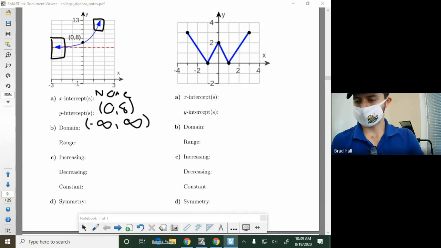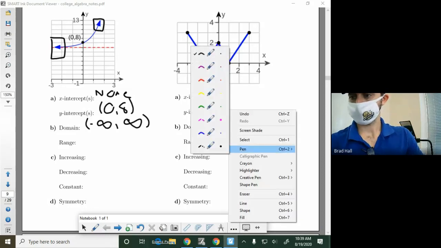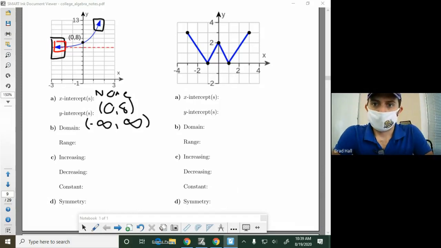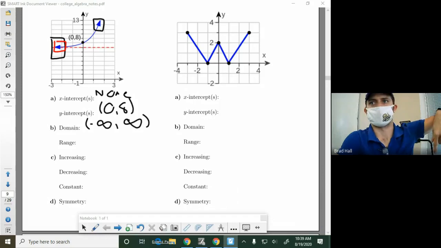So the range, the lowest point I see really from the graph is here, but that does not imply that we go to negative infinity. So the graph does not go down forever. Just because there's an arrow there doesn't mean that it implies the direction that we're looking for.